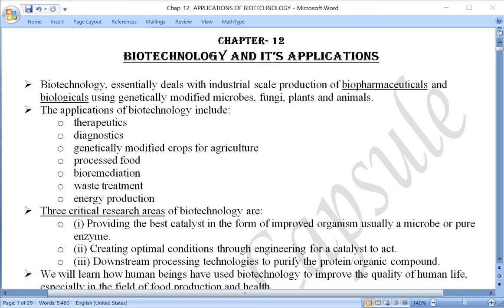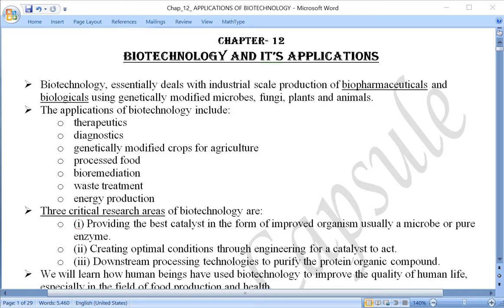And then later on we have learnt about the host, that is a competent host, and some methods by which the particular host is made competent so that it is able to accept the recombinant DNA.